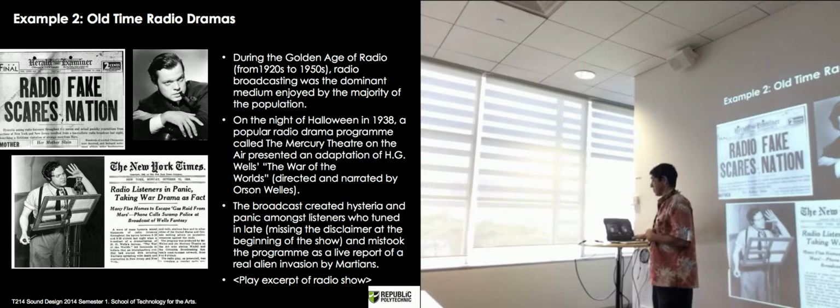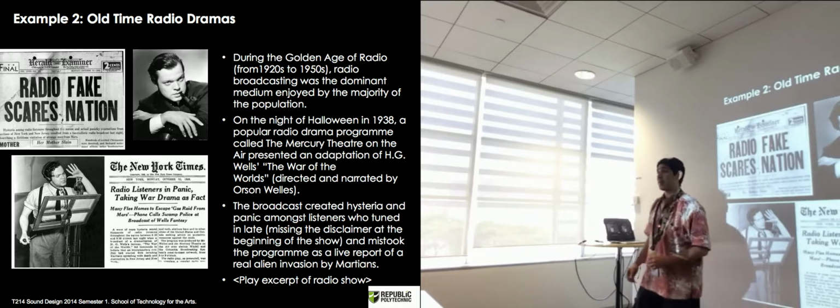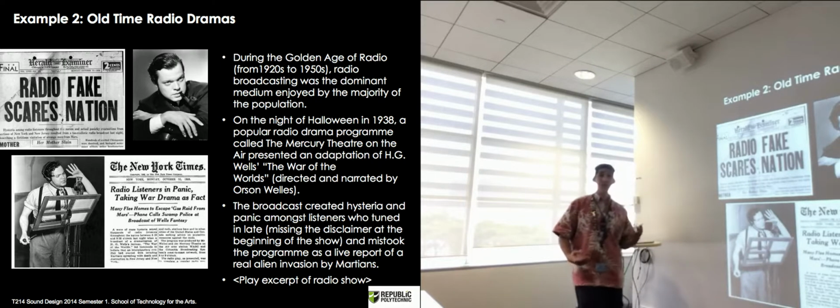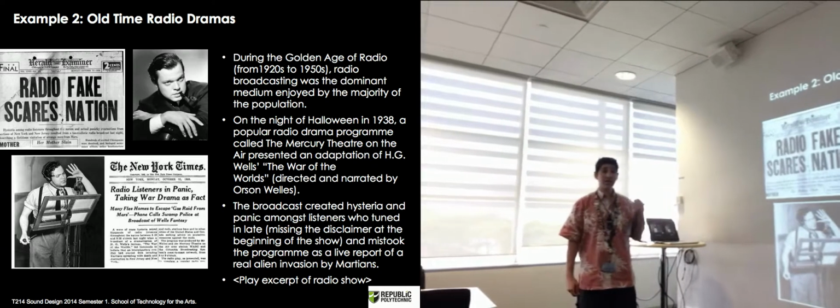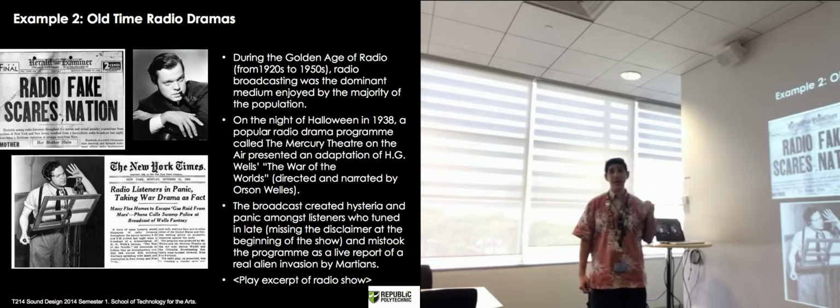The Columbia Broadcasting System and its affiliated stations present Orson Welles and the Mercury Theater on the Air in The War of the Worlds by H.G. Wells.